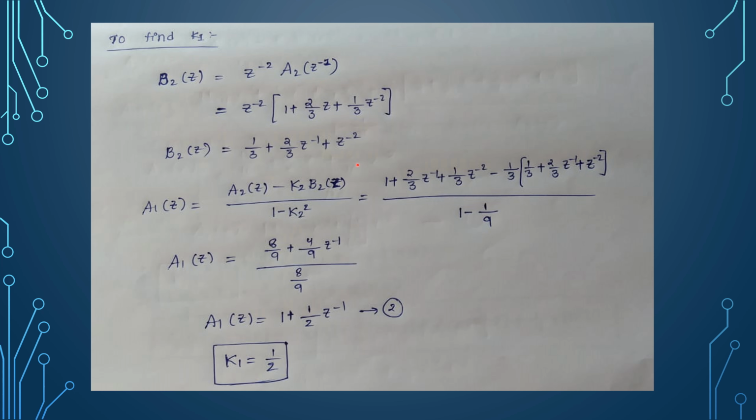By solving this, we can get B_2(z). Substituting B_2(z), A_2(z) and k2 in this equation, we found A_1(z) is 1 + 1/2 z^-1. Here the leading coefficient is 1/2, so the first stage reflection coefficient is 1/2.